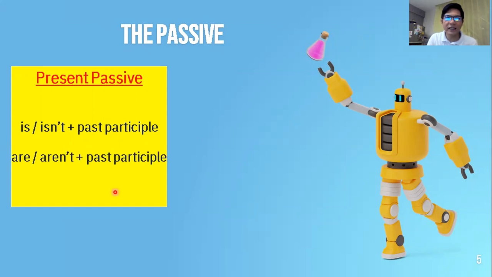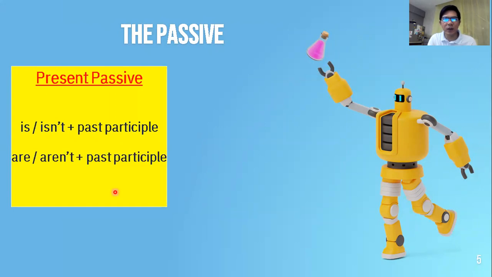That's the present passive. Remember, the passive is of 2 kinds, present passive: we use is, isn't, plus past participle of the verb. We use are, aren't, plus past participle form of the verb.